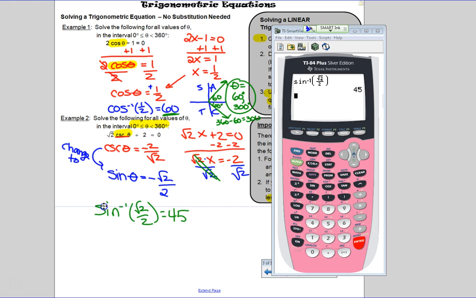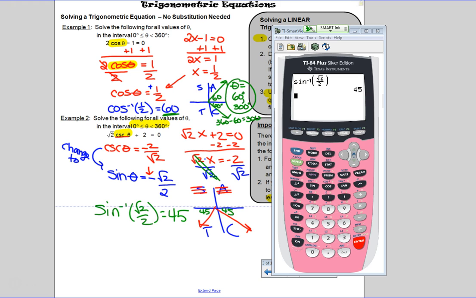Okay, so now making up our ASTC chart. I want to know where is sine negative. So it's not in the first because sine is positive, and it's not in the second because S means sine is positive. So sine is negative in the third and in the fourth quadrant. So that 45 is that angle that I needed to put here and here to help me figure out my true answers.